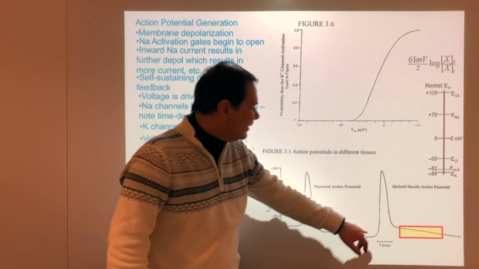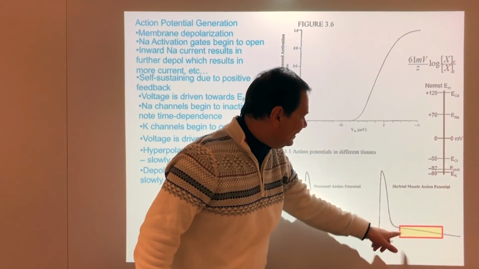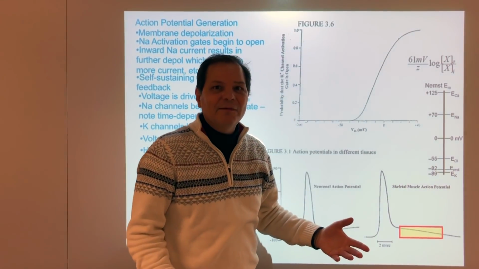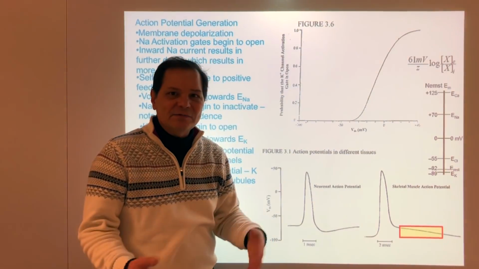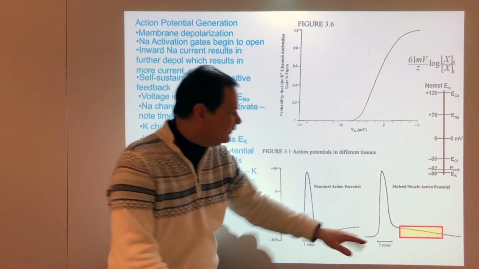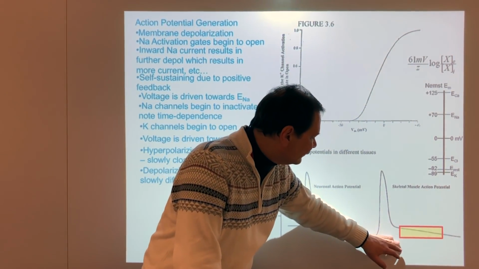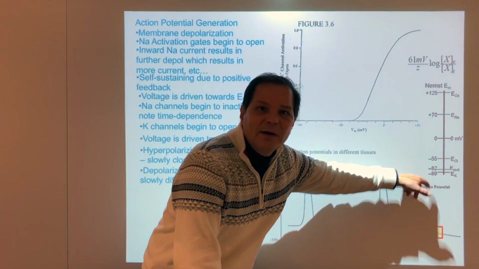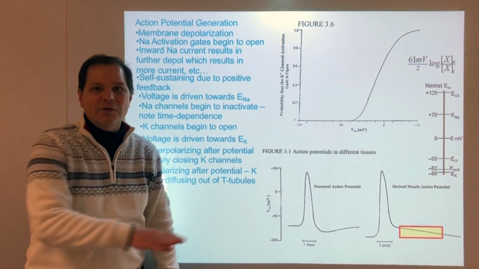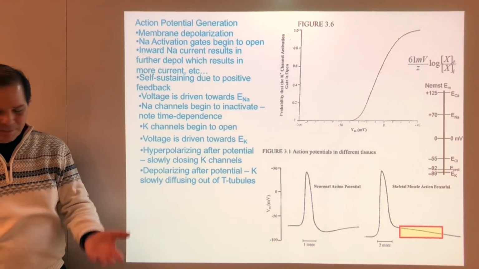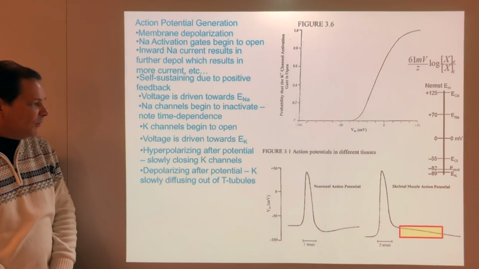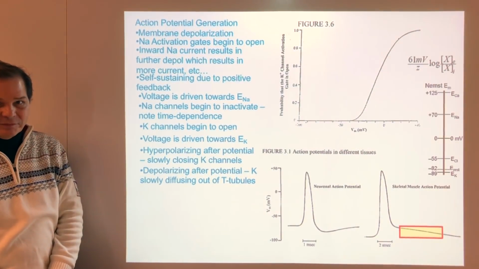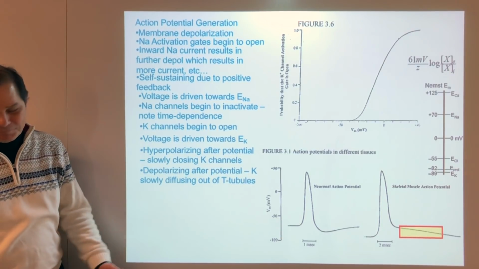It's just that the equilibrium potential is probably higher than it ought to be here because of the accumulation of potassium, and then as the potassium gradually gets back down to where it belongs in the T-tubule, those open potassium channels will be pulling you down toward a more negative number, and so your resting potential will go down with it. So that's why you get a depolarizing after potential in skeletal muscle because of the presence of these T-tubules. Kind of interesting.